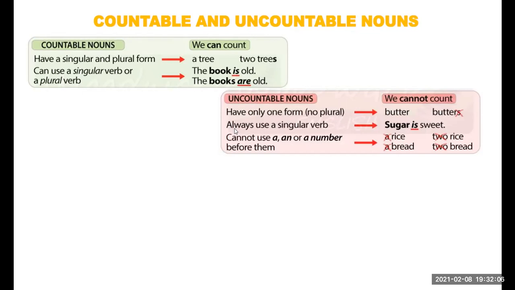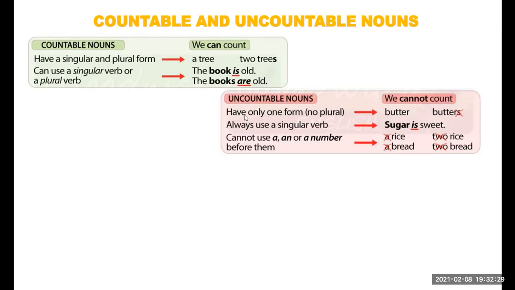Then these uncountable nouns always use singular verbs. For example, sugar is sweet. We cannot say sugar are sweet. So singular verb for uncountable nouns.